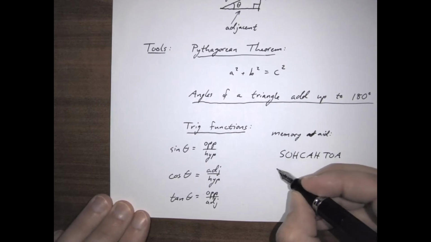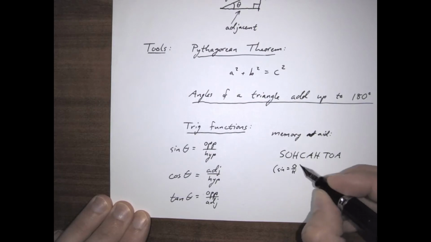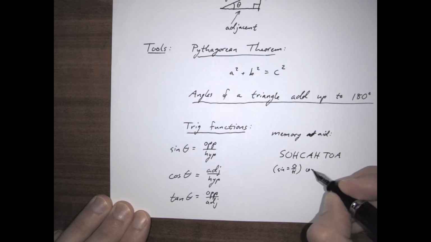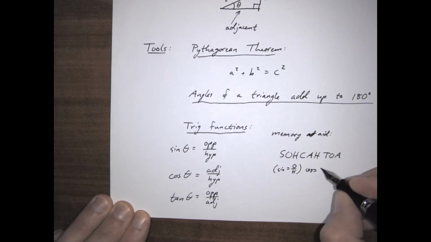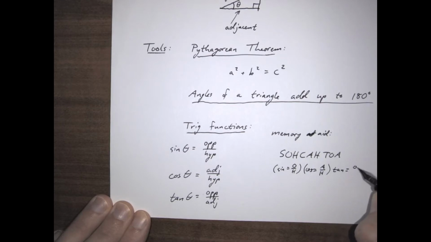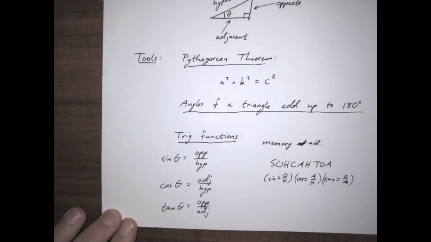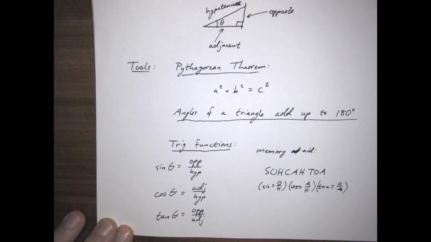So this stands for sine equals opposite over hypotenuse, cosine equals adjacent over hypotenuse, and then tangent is opposite over adjacent. So SOHCAHTOA. That's a mnemonic device that is frequently used to help keep straight the various pieces.